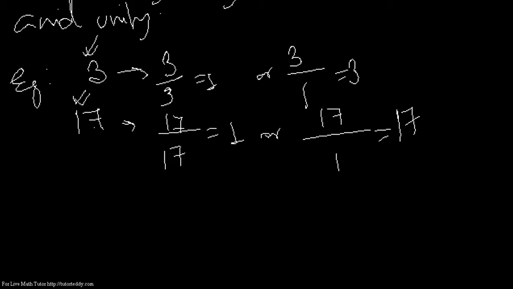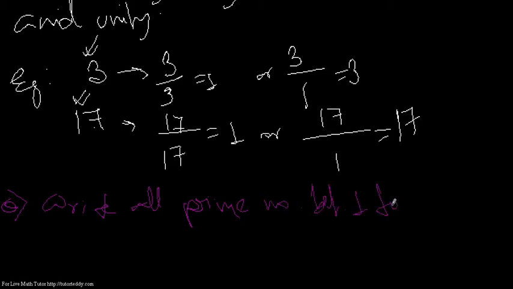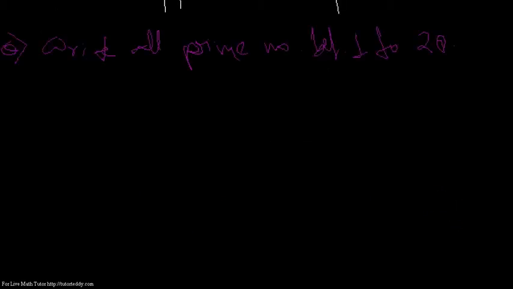So if you are given a question to write all prime numbers between 1 to 20, how will you get that? See, if I start from 1, you can see 1 is, yes, 1 is also a prime number, right?